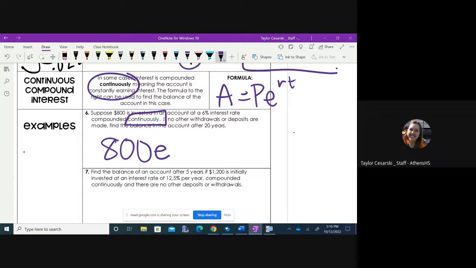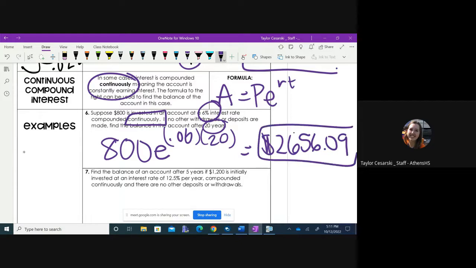So 800e, and then my rate is 6%, so 0.06. And my time is 20. So nothing has changed from how we did continuous before. Just if you see continuously, you use your Pe^(rt) formula. Otherwise, the 1 plus r or 1 minus r. When you type that in your calculator, you get 2656.09. Again, rounding to 2 decimal places because this is money.